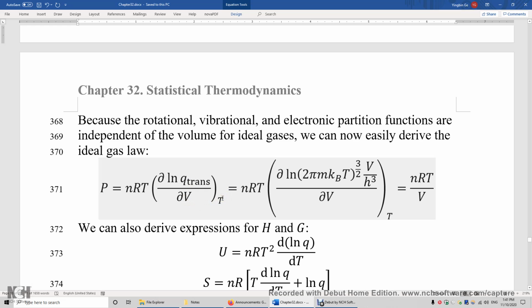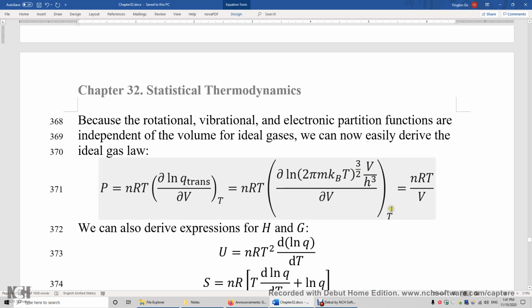Now I plug in the expression of the translational partition function. The logarithm of a product of A and B is the logarithm of A plus the logarithm of B. So we can separate the logarithm of V from all other constants.